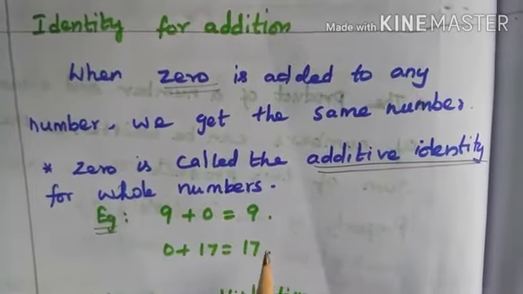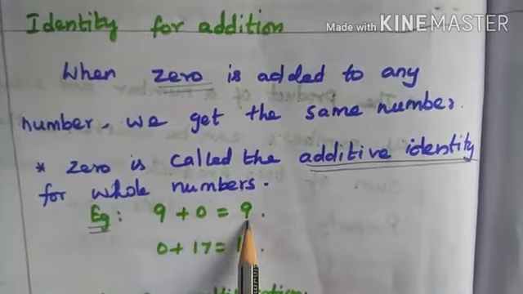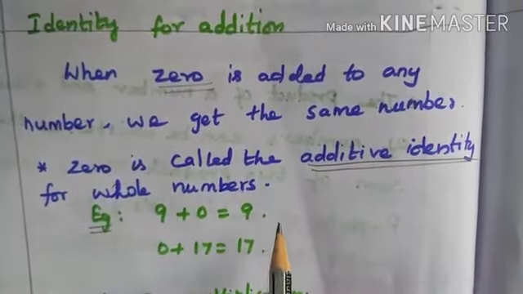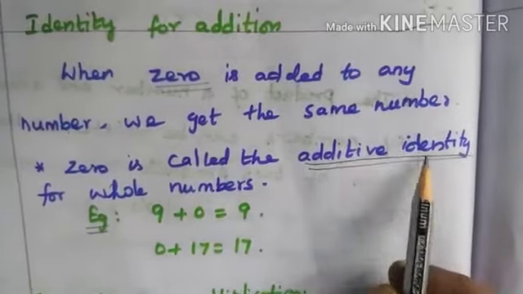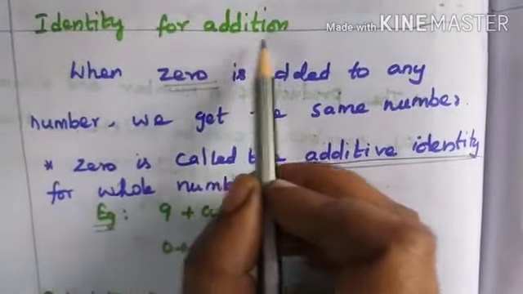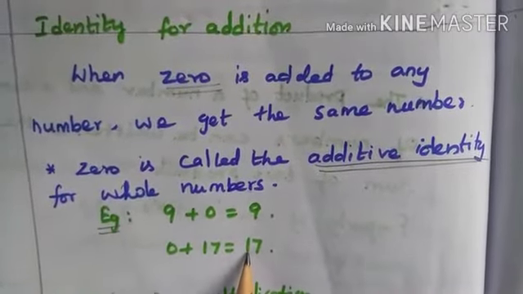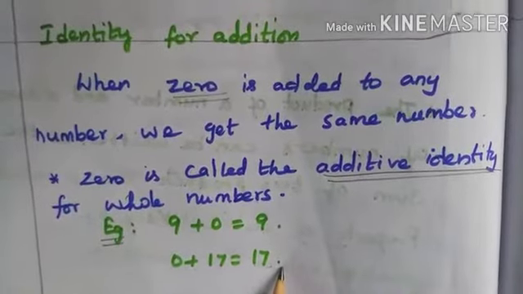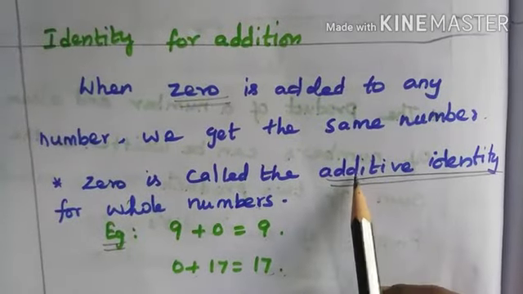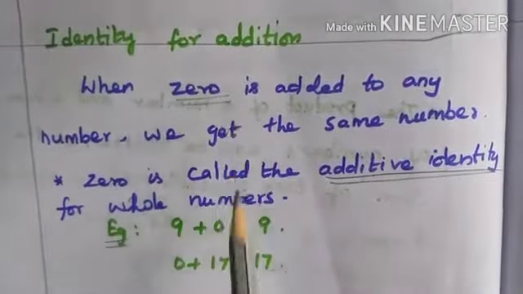If a question is asked, 9 plus 0 equals 9, mention the property, we have to write additive identity or identity for addition.